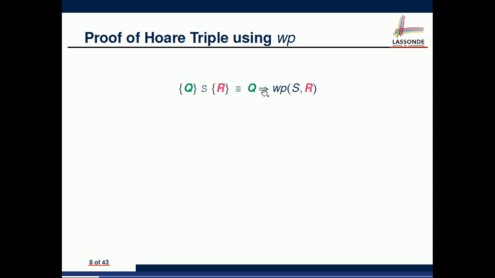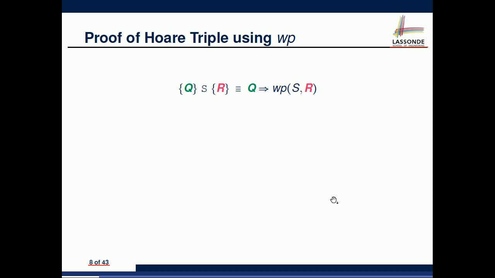The antecedent for the implication over here is Q, the precondition for your program. You are saying that my precondition Q should be stronger than the weakest precondition for the program S to establish the postcondition R. That's what it says.